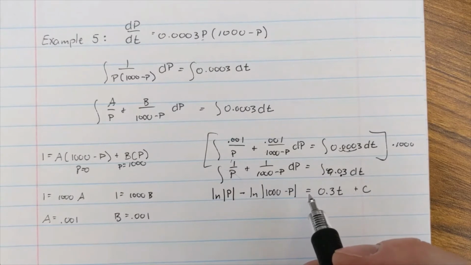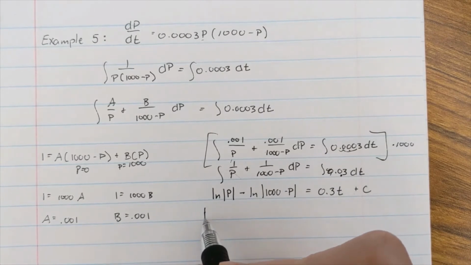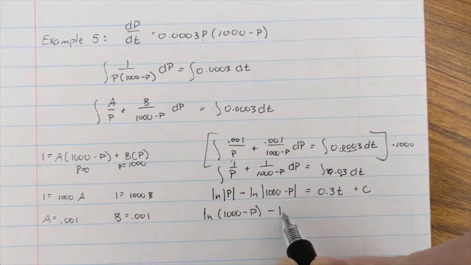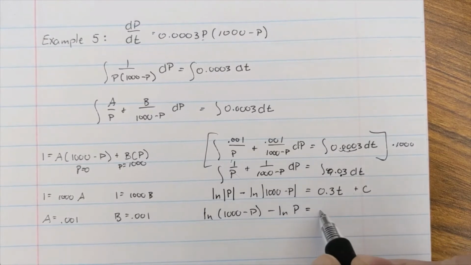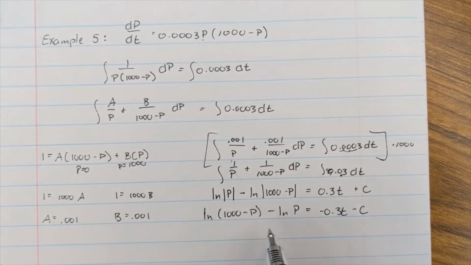It's going to make my math easier in the end. So this is going to become the natural log of 1000 minus P minus the natural log of P equals -0.3T minus C.